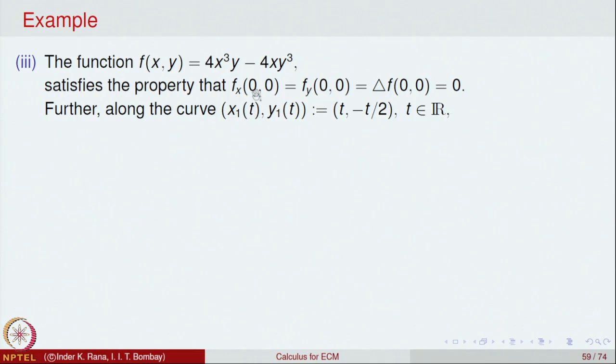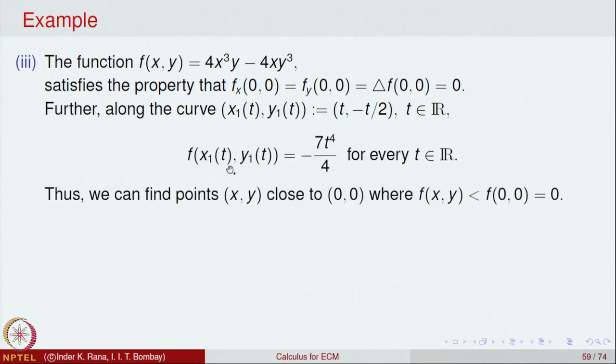Look at the values of the function along the curve (t, -t/2). That means x is equal to t and y is equal to minus t by 2. So, this is a curve going through (0, 0), and along this the value of the function is minus 7t^4/4, which will be negative for all points close to (0, 0).